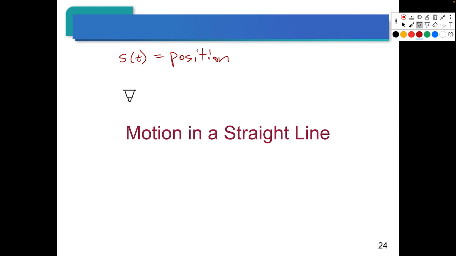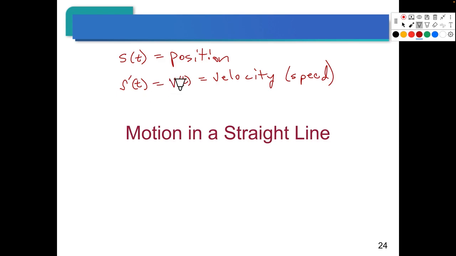If we take the derivative, what do we get? The derivative of position became velocity, which is basically directed speed. So this is our velocity. In everyday use, we usually call it just speed.